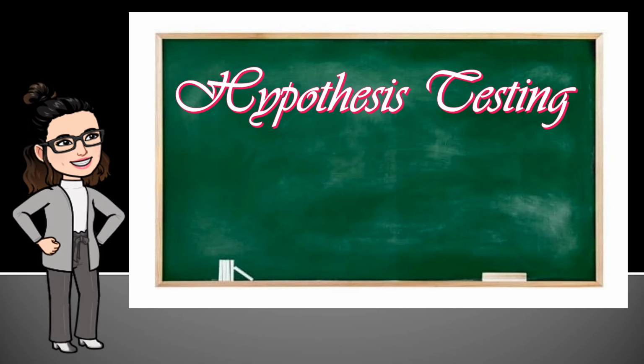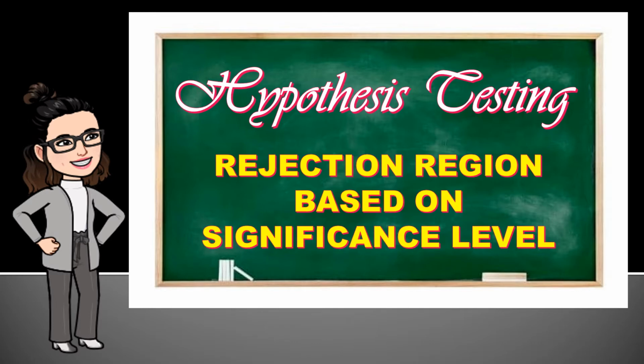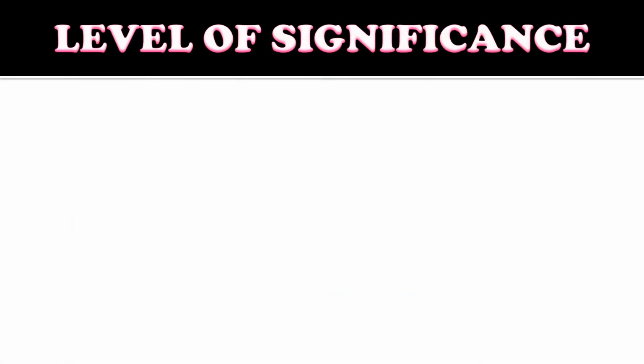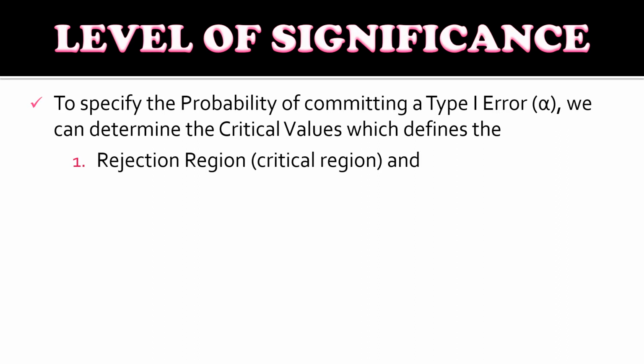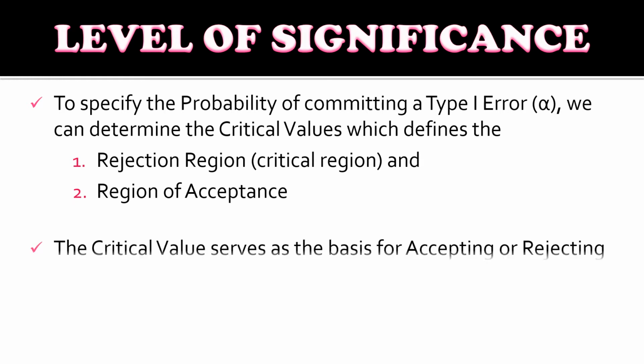For today's topic, still under hypothesis testing, we have the rejection region based on significance level. To specify the probability of committing a type 1 error, we can determine the critical values which define the rejection region, or the critical region, and the region of acceptance.